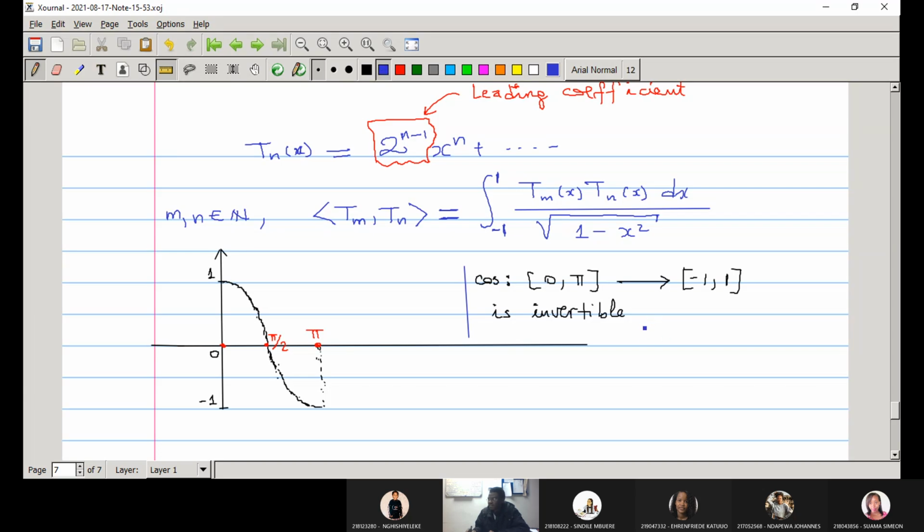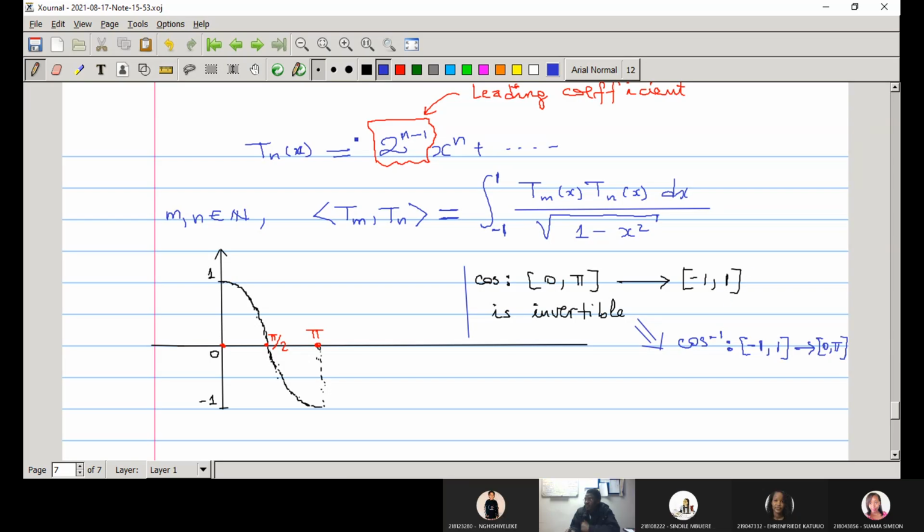That inverse is defined from the interval -1 to 1 to the interval 0 to pi.